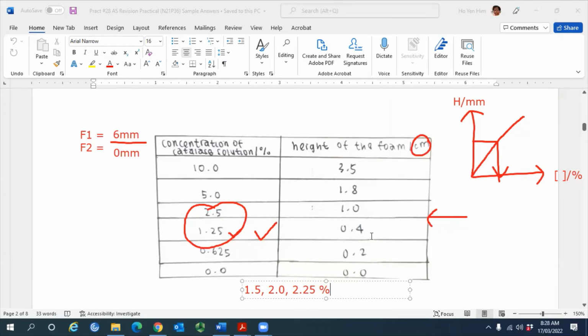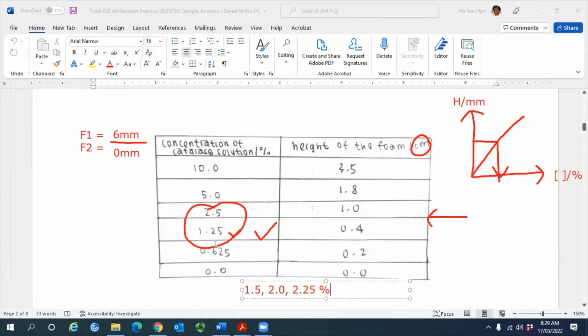Okay, so this is the second way. So there are two methods here. Either you draw the graph and interpolate from the graph of best fit curve. Must be best fit, if not best fit, cannot. Or you repeat the experiment by using more concentrations of catalase within this range.